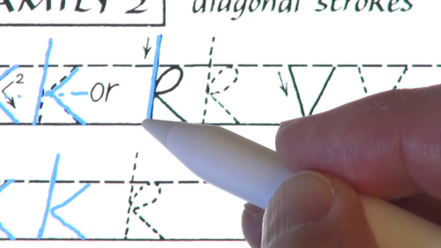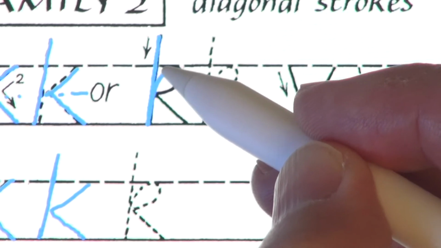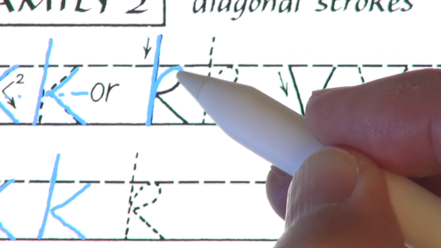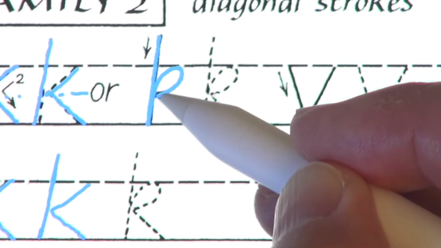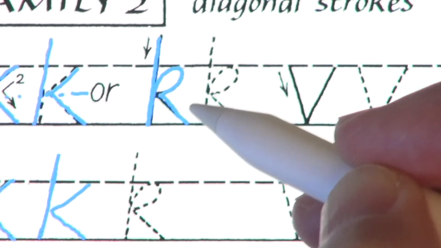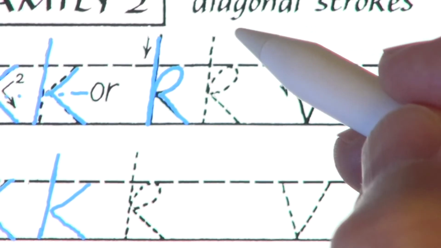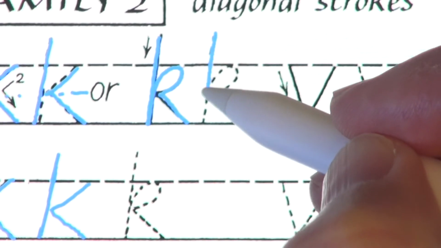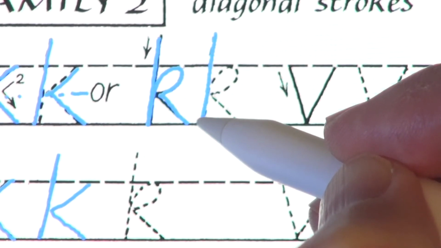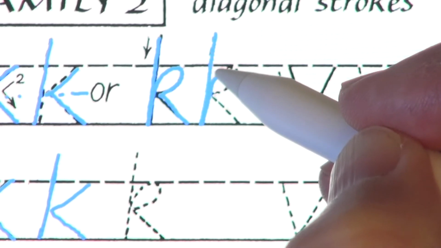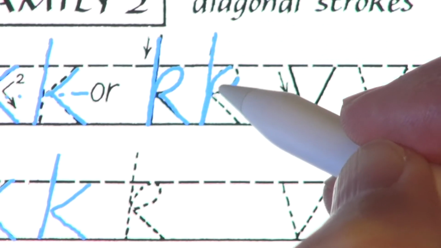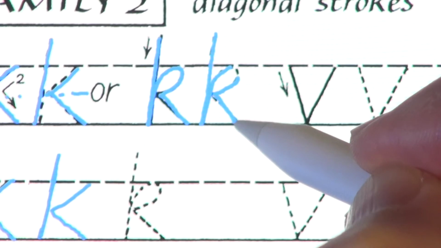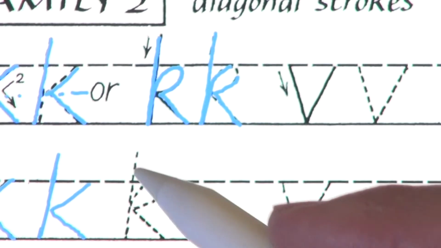Downstroke, and now without picking up the pen, we come up to the waistline, around again, and down just like the final stroke of the other form of K. Here we go again. We're going to trace the dashed line, down just like the lowercase l, now up, retracing the line over and down to the baseline.